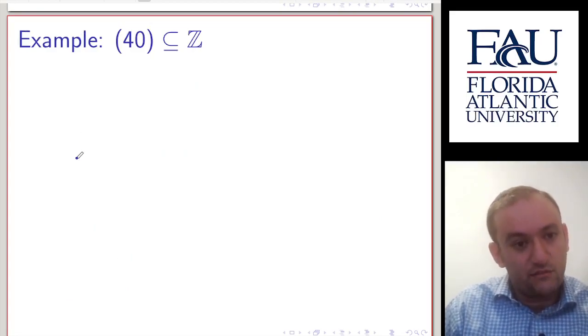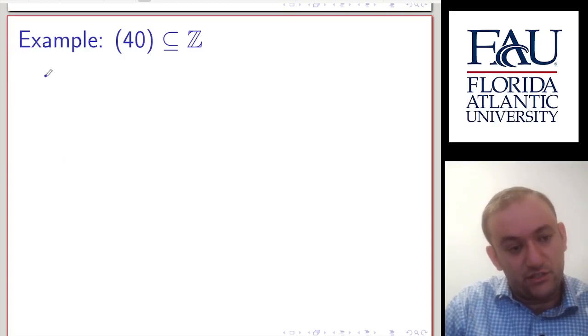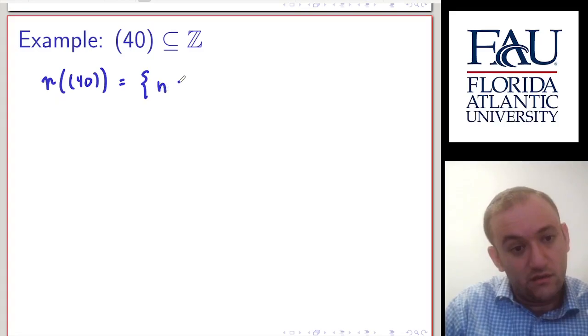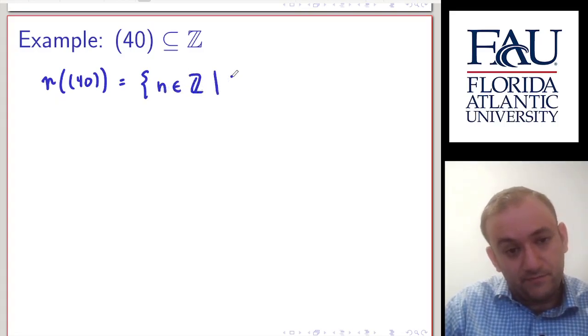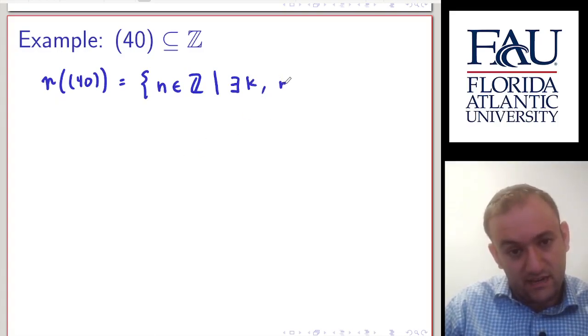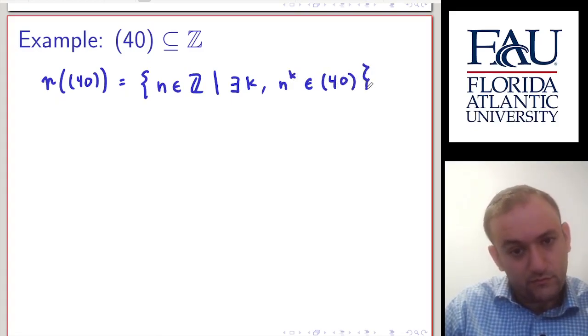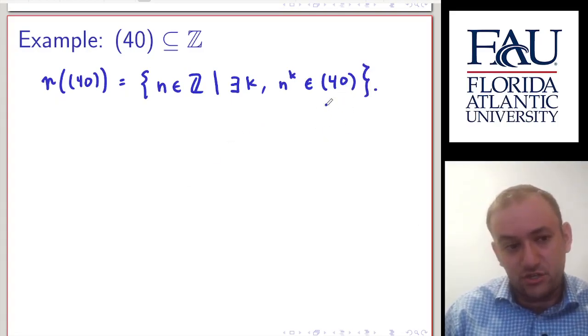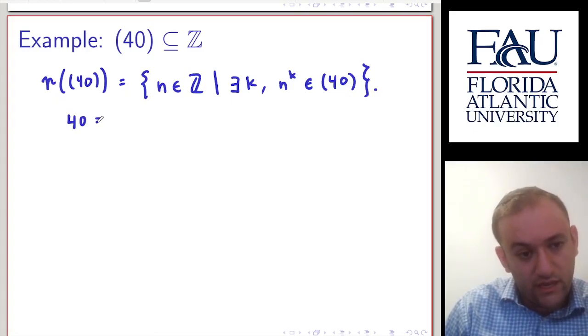Now let's look at the ideal generated by 40 in the integers and see how these ideas play out here. So if we want the radical ideal of 40, this is the set of integers n such that there exists a power k such that n to the k is in the ideal generated by 40. Okay, well, thinking about the prime factorization of 40, 40 is 8 times 5, so that's 2 cubed times 5.